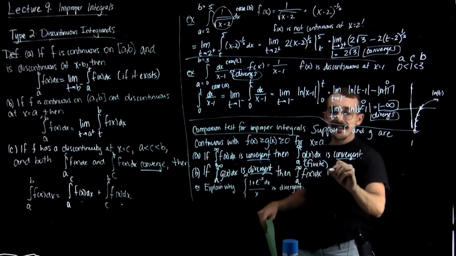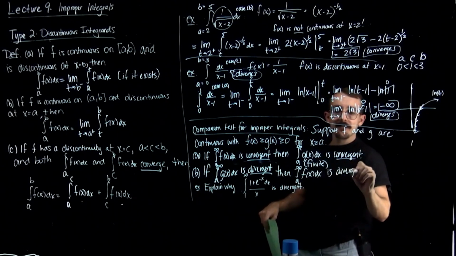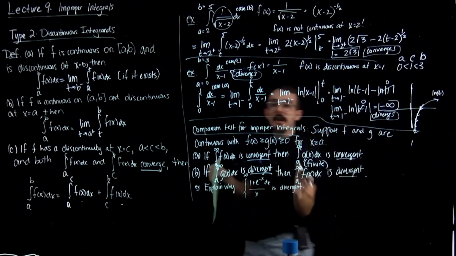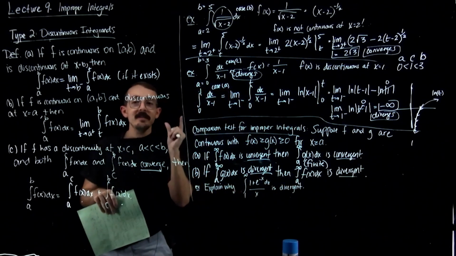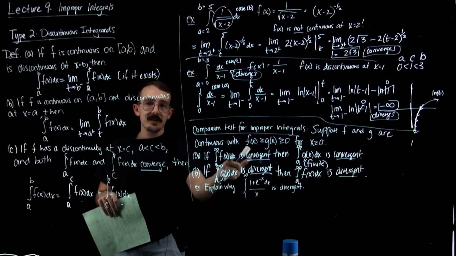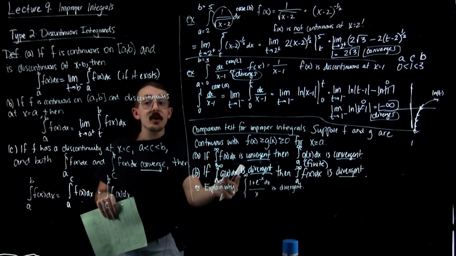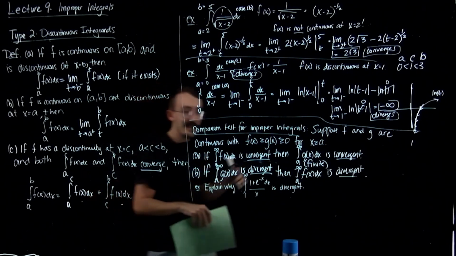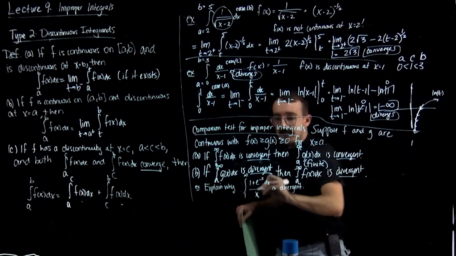So then this is divergent as well. So these are the two comparisons that you get for free. You have to know something either is convergent to start or divergent. And then if you're smaller than a convergent, you're convergent. If you're larger than a divergent, you're divergent. All right, hopefully my reasoning there makes sense.